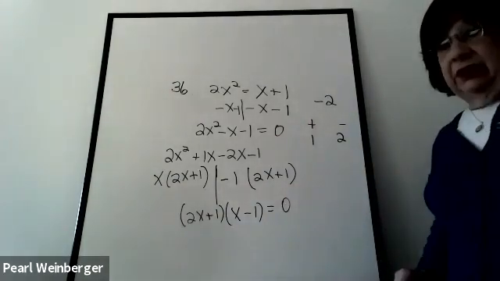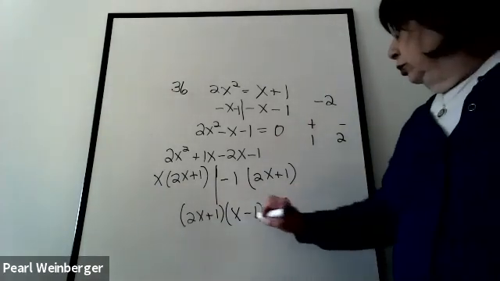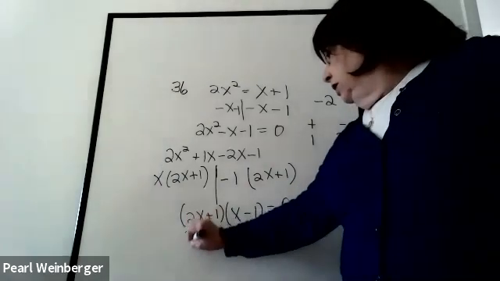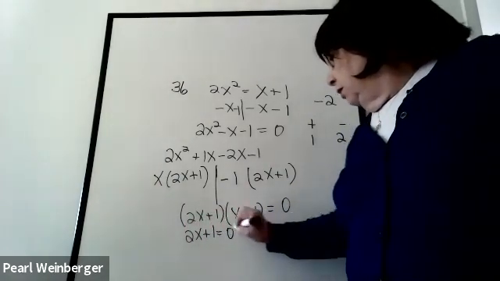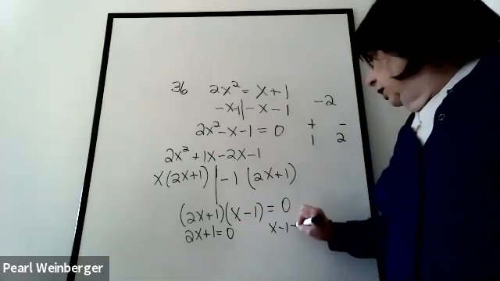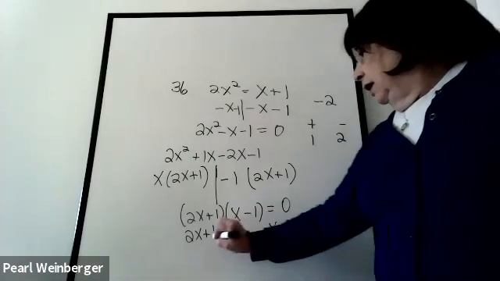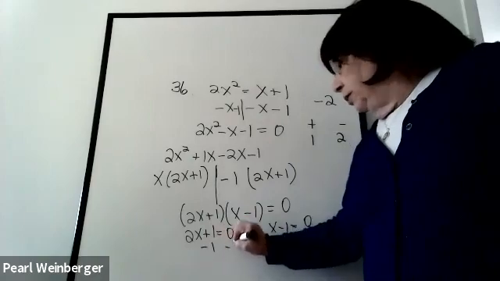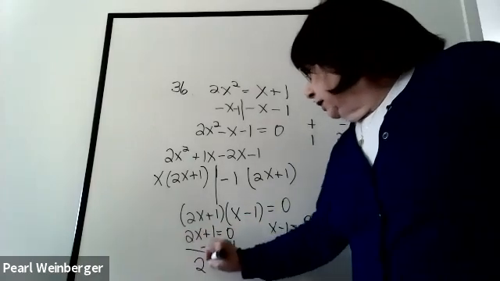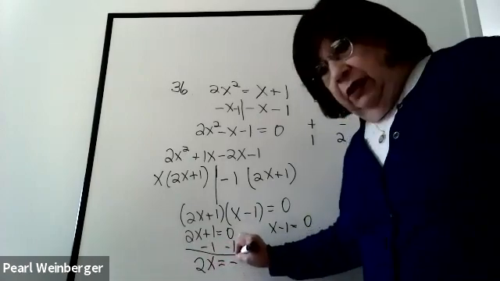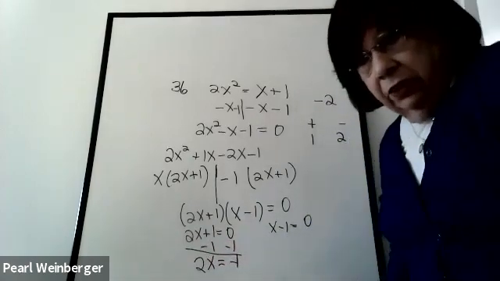And now I separate them and set them each equal to 0. 2x plus 1 equals 0, and x minus 1 equals 0. Here I'm going to subtract 1 from both sides, which will give me 2x equals -1.